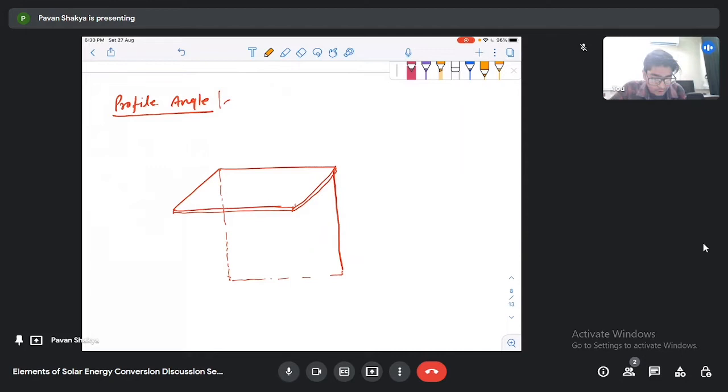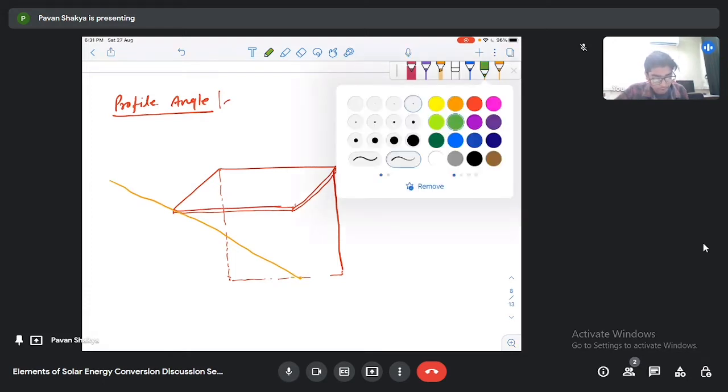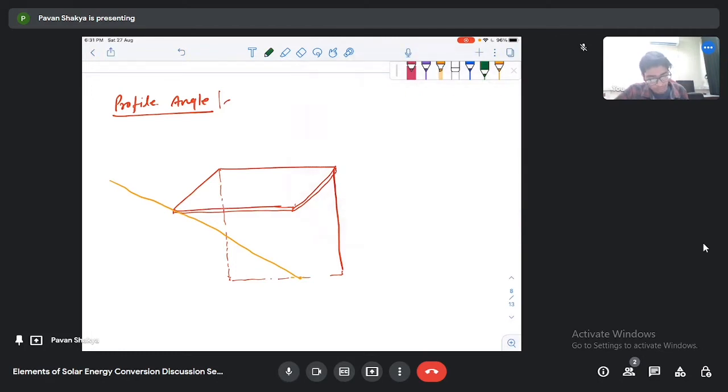Suppose this is our sun ray that is coming to this point. Let me draw the horizontal plane. This is the horizontal plane that is perpendicular to this window.